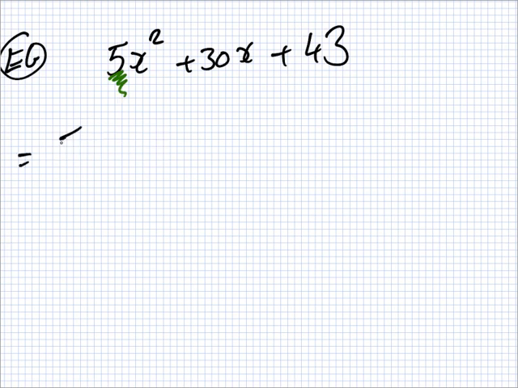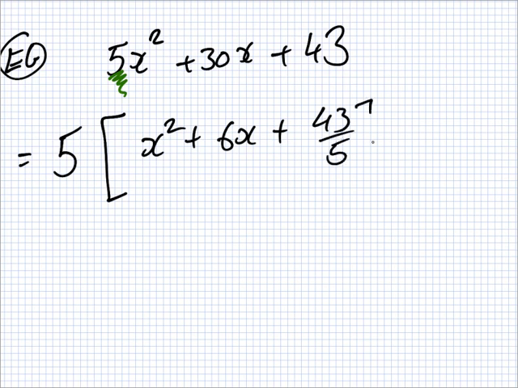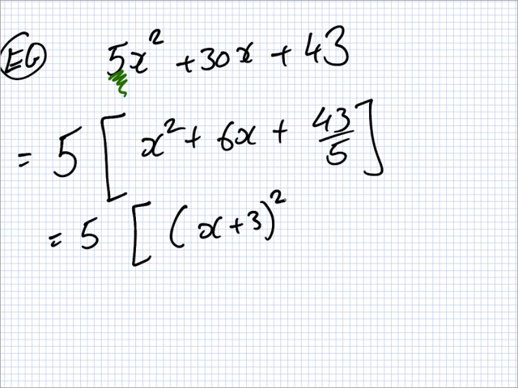So we have 5, big bracket, 43 over 5. But then you realise we can just repeat the process. So this would be 5 bracket x plus 3 squared, and then it's 43 over 5 minus 9, which is minus 2 over 5?